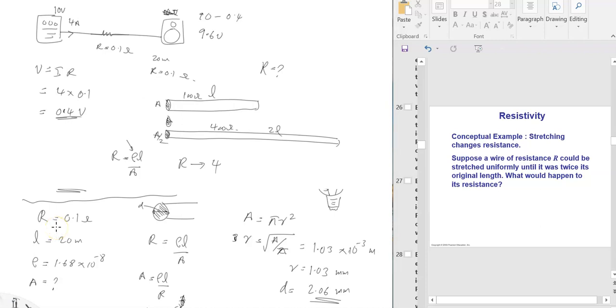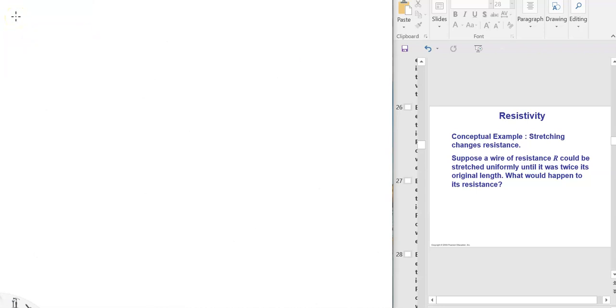Okay, so the next topic is we're going to study how resistivity or resistance changes with temperature. Let me clear this. Now you guys know that resistance and temperature are related. Why? Because resistivity and temperature are related.